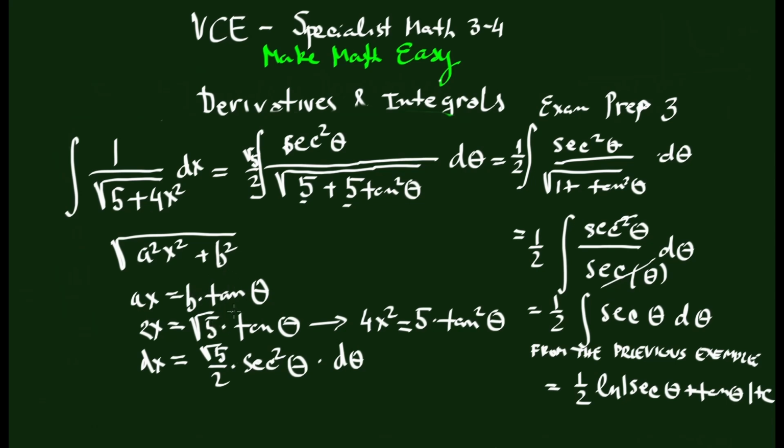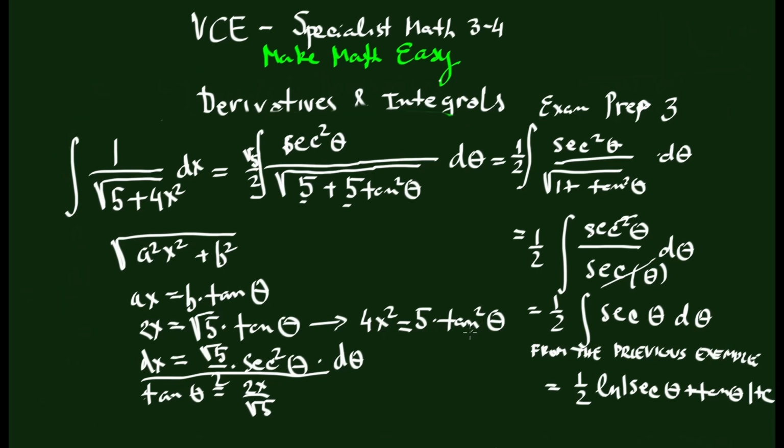Tangent of theta we can get from here: tangent of theta is equal to 2x divided by square root of 5. And you need secant of theta.